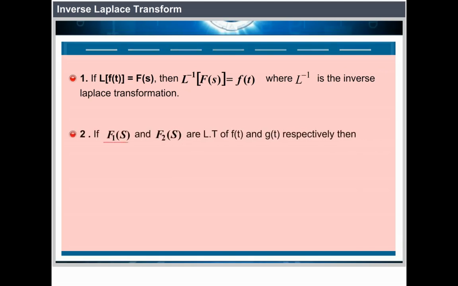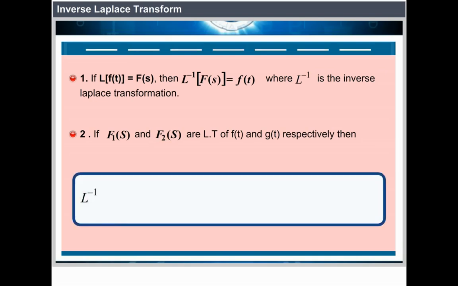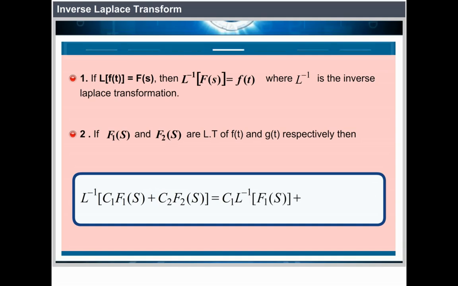If capital F1 of s and capital F2 of s are Laplace transforms of f of t and g of t respectively, then L inverse of (c1 into F1 of s plus c2 into F2 of s) equal to c1 into L inverse of F1 of s plus c2 into L inverse of F2 of s.